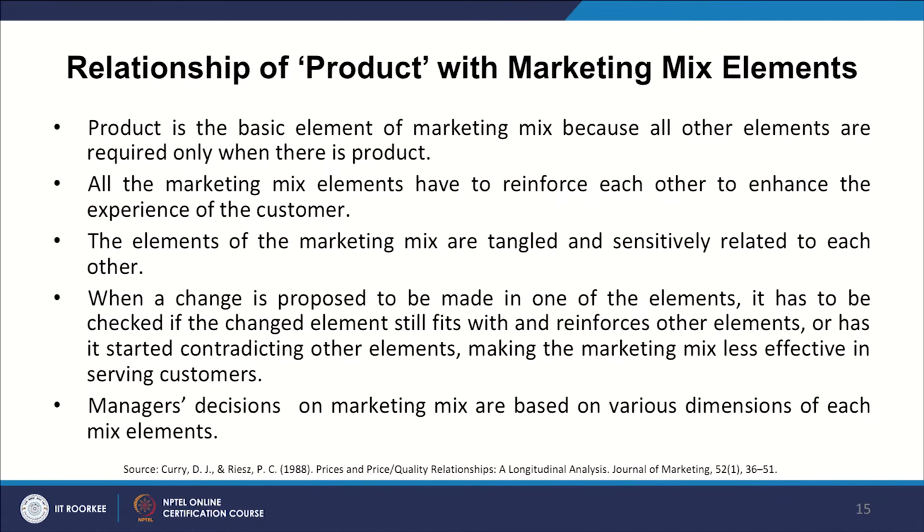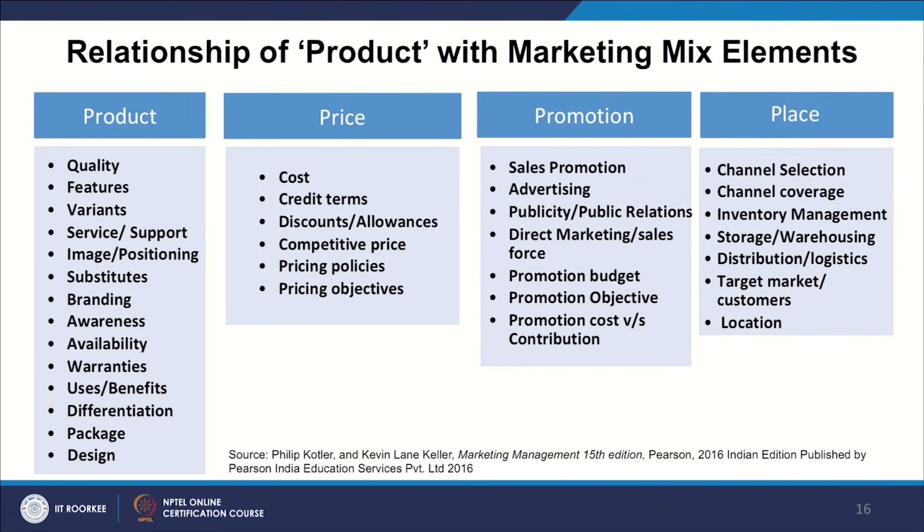Managers' decisions on marketing mix are based on various dimensions of each mix elements. And you see, just to recall that these are marketing mix elements, wherein under product you have quality, features, variants, services / support, image, positioning, substitutes and so on till design.